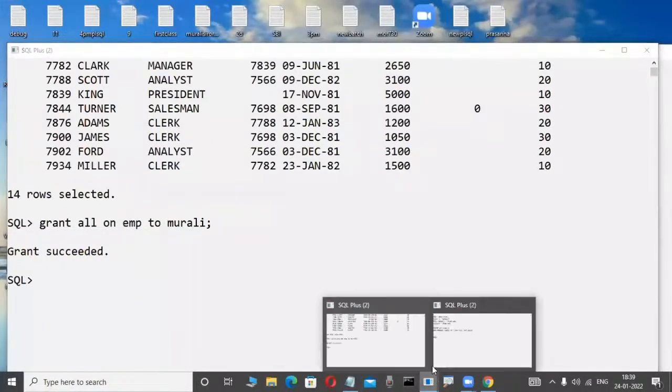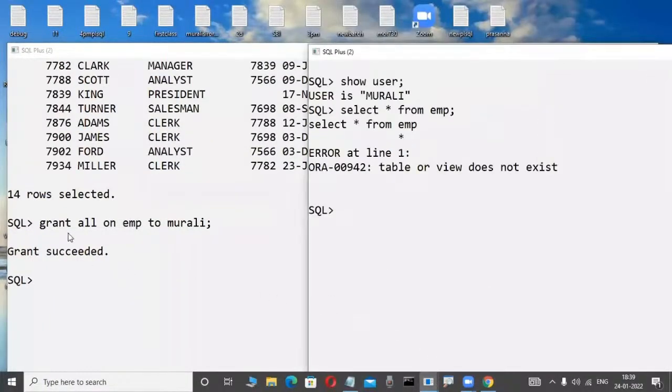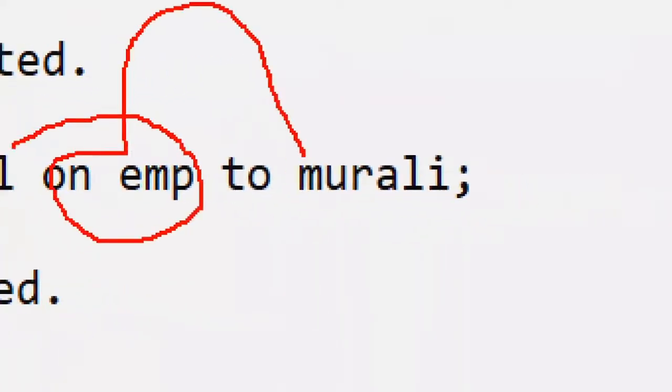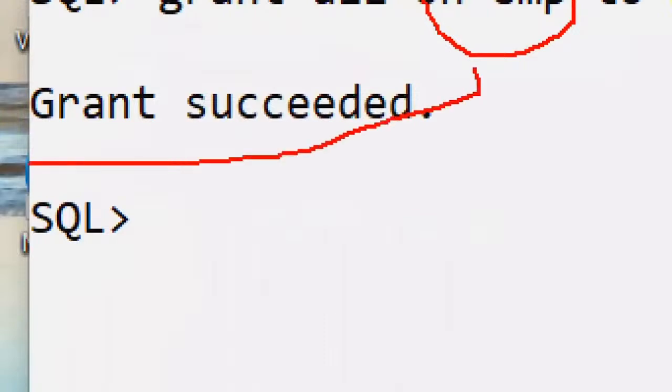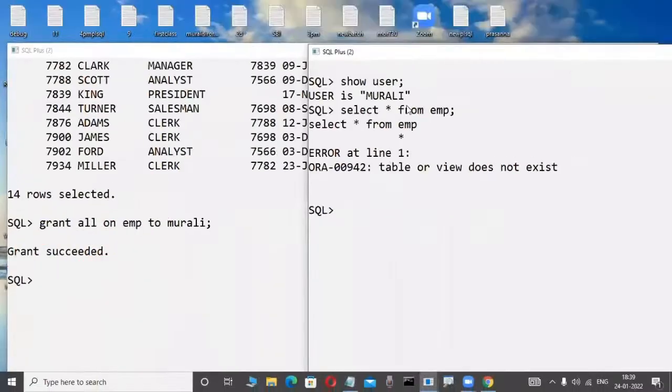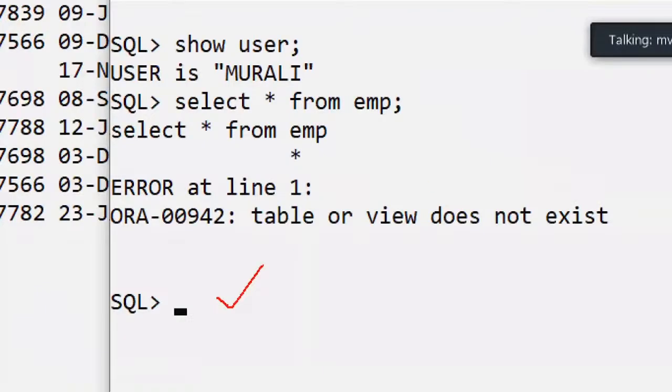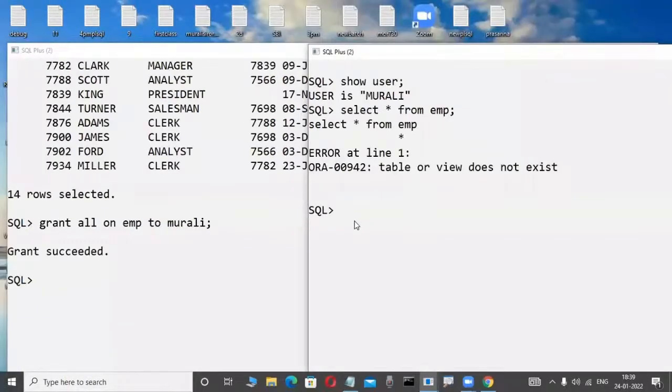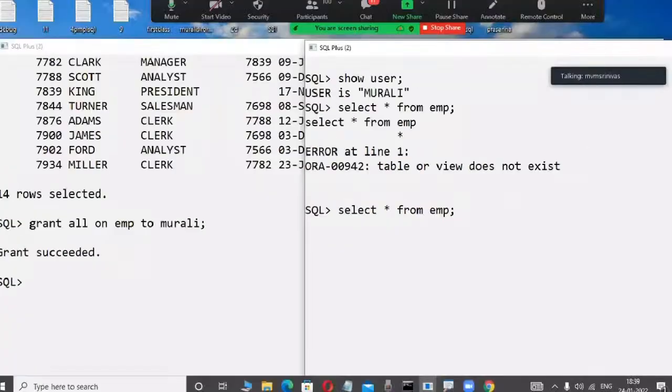Logically tell me, once they give the permission, the Scott employee gives permission to Murali, and grant is succeeded, a message displayed in a relational data model product. Now the Murali employee tries to access the Scott user EMP table. I'm typing select star from Scott EMP, like this. Possible or not possible?